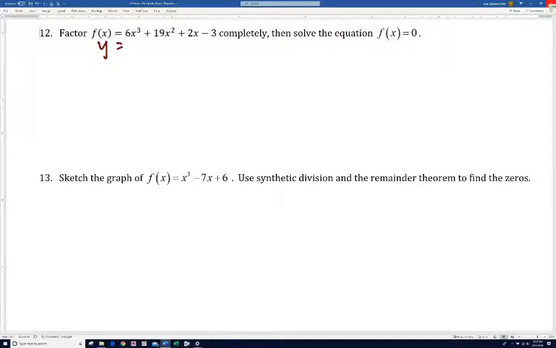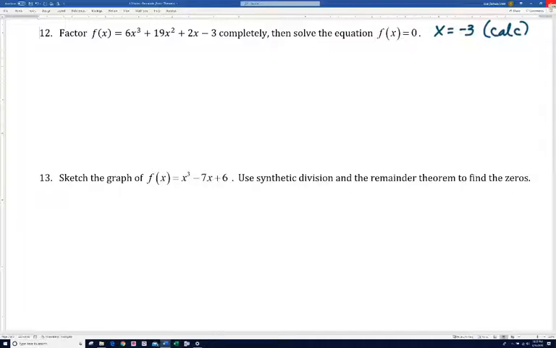So when you do that graph, you'll find that x equals -3 is a 0. Remember, if you find an x-intercept, that tells you a 0. So you'll find an x-intercept at -3. So we got that off the calculator.